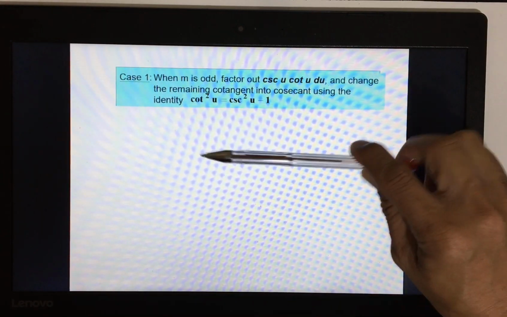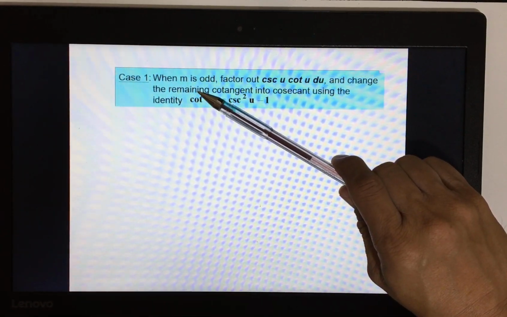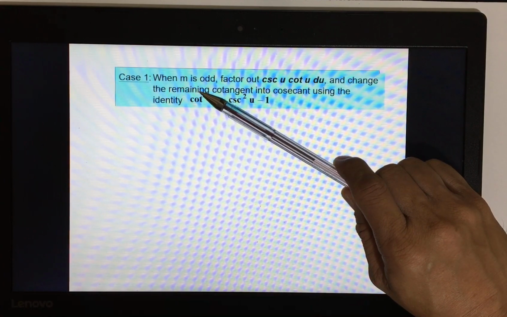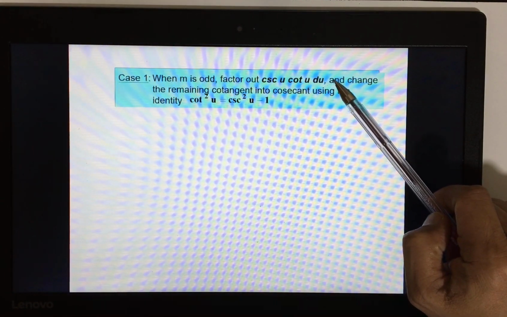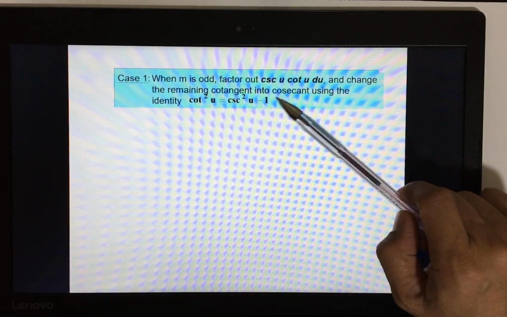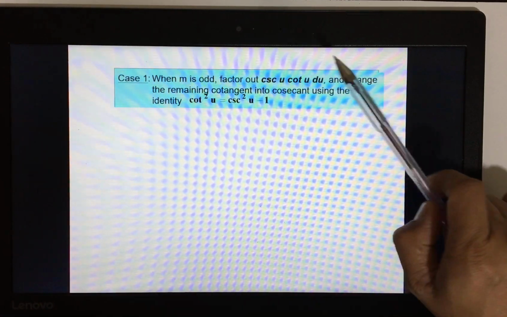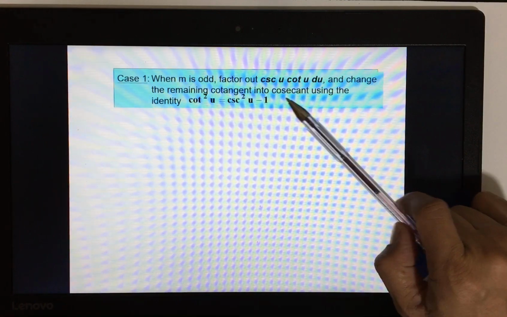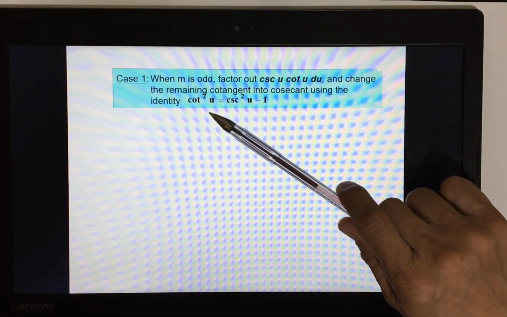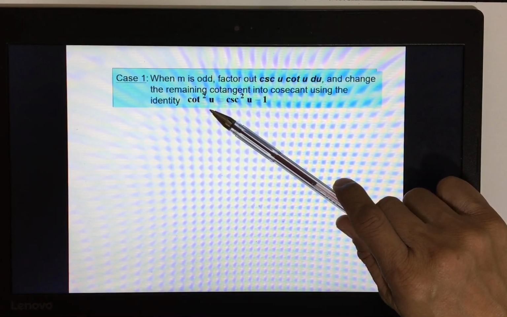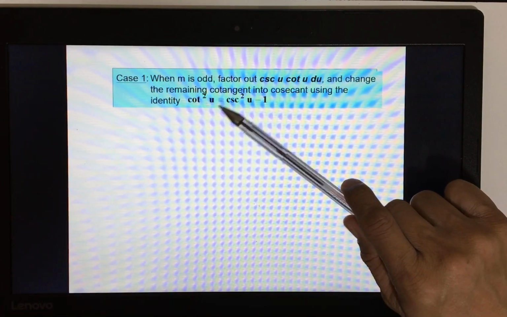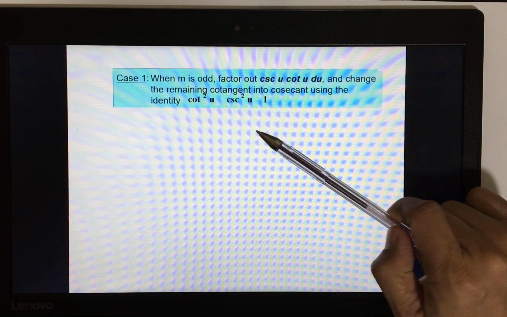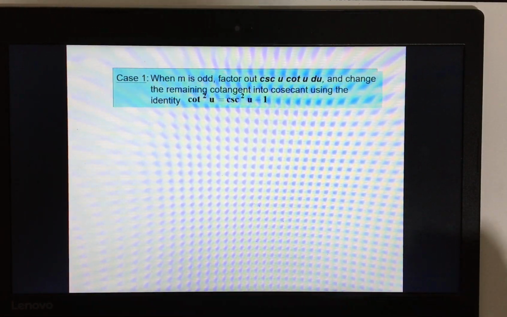So this is case 1 for group number 3. In case 1 of group number 2, this is secant u tangent u du. Alright, for group number 3, we have to change the remaining cotangent into cosecant using this identity. Cotangent squared u equal to cosecant squared u minus 1. Alright, so that is for case 1.